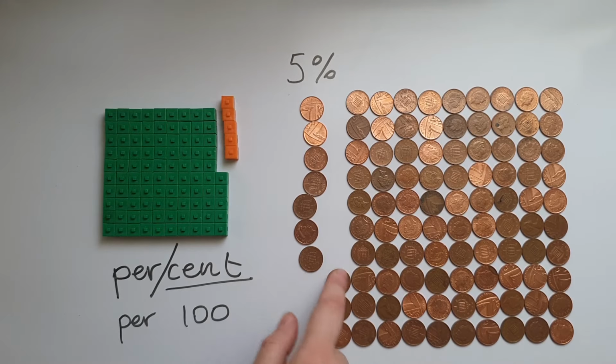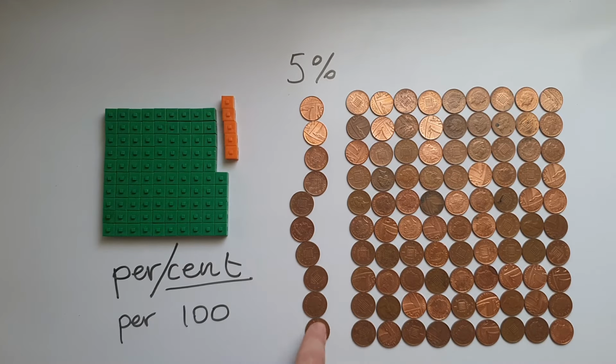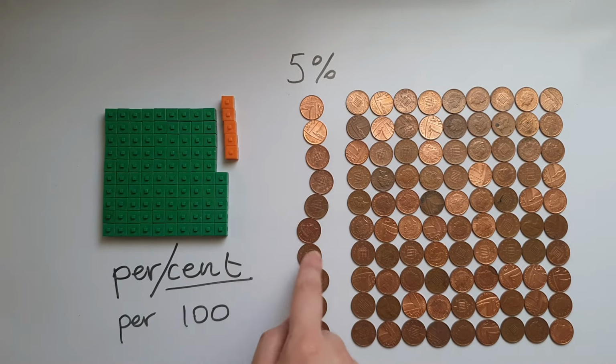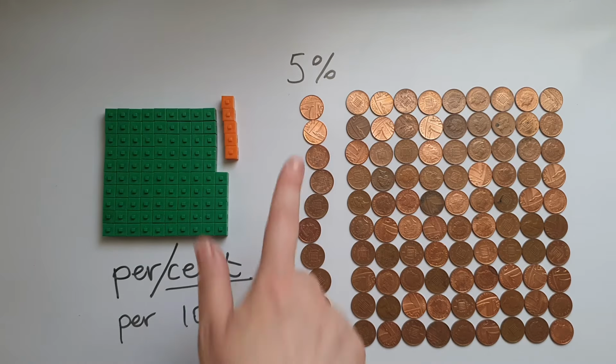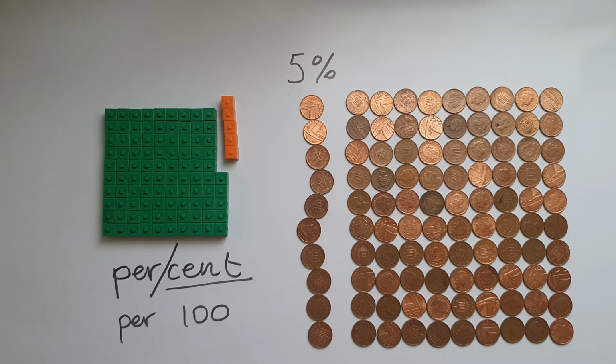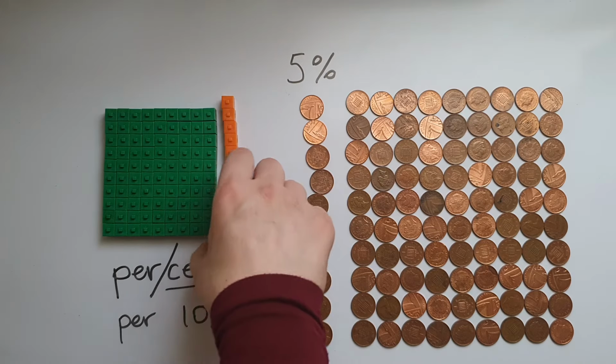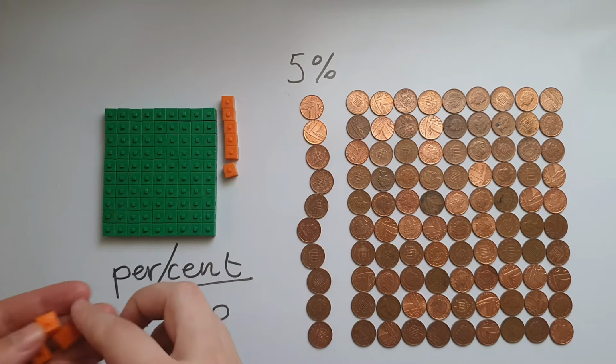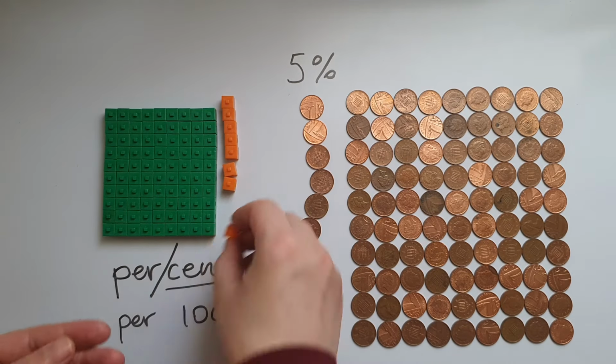10% is going to be double the 5%. That is 10 pence in a pound, and it's going to be 10 out of 100.